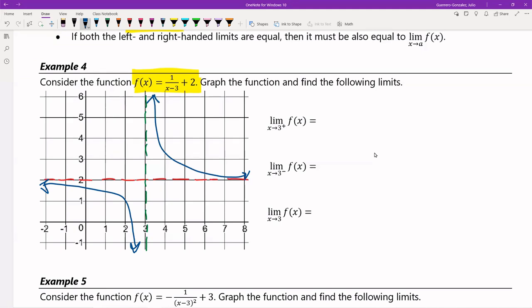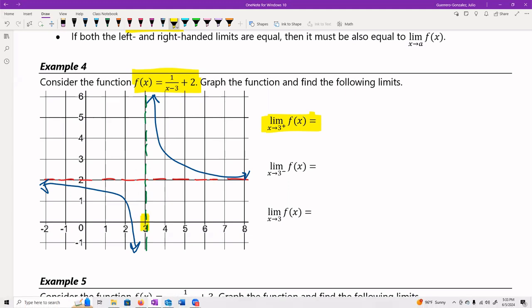Okay, so we see that x equal 3 is going to be some sort of a problem. So that's what we're going to be looking at, okay? So let's take a look at the first one. X approaches 3 from the positive side of f of x. So I want to approach this x value from the positive side.